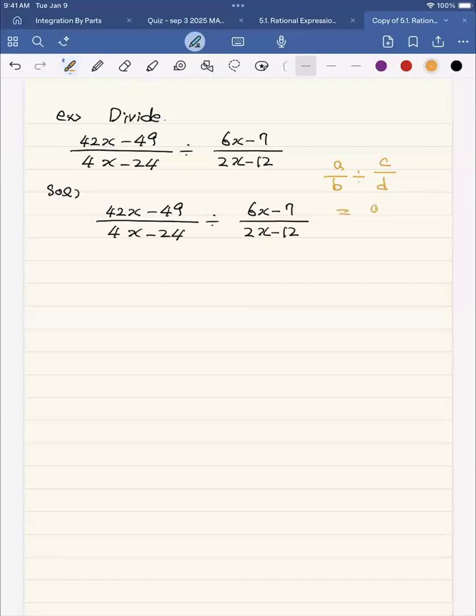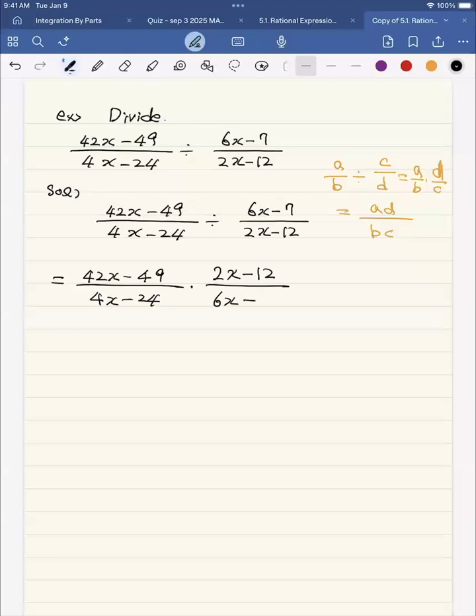That can be written as ad over bc because that is indeed a over b times d over c. So multiply the reciprocal of the second one. Let's apply that principle. Then that can be written as 42x minus 49 over 4x minus 24 times, flip it, 2x minus 12 over 6x minus 7.